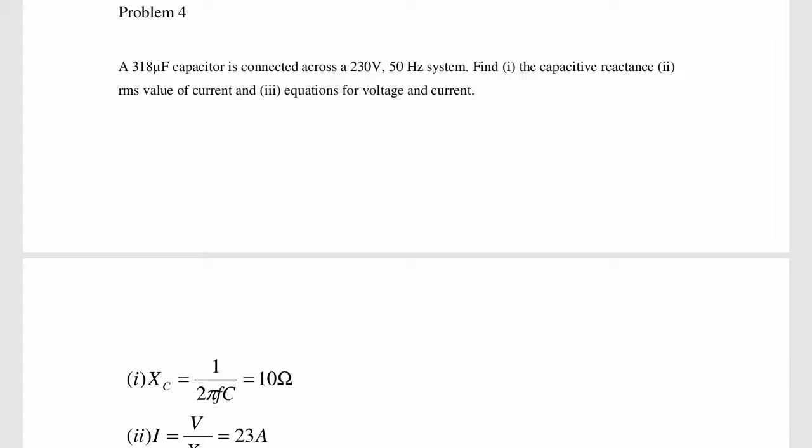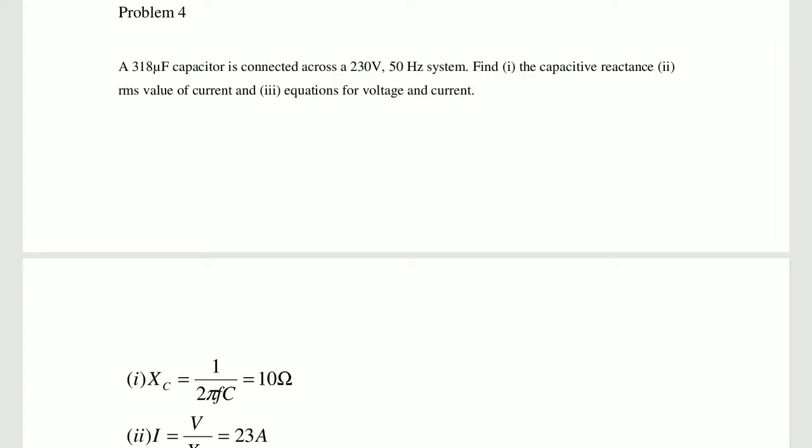So what they are asking: find the capacitor reactance XC. The second question is the RMS value of current.